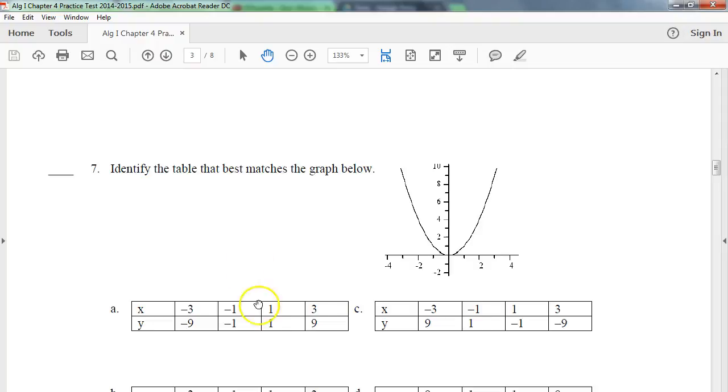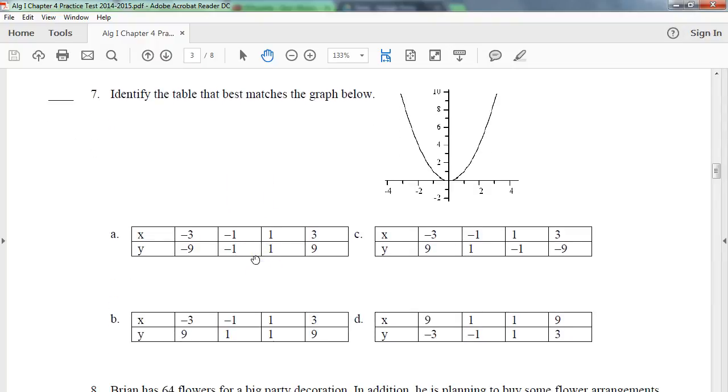Number 7 says to identify the table that best matches the graph below. Well, it looks like our domain values for A, B, and C anyway are -3, -1, 1, and 3. So let's go ahead and figure out what those points are here on the graph. It looks to me like -3 is up here at maybe 9. -1 is over here at 1. +1 is up here also at 1.